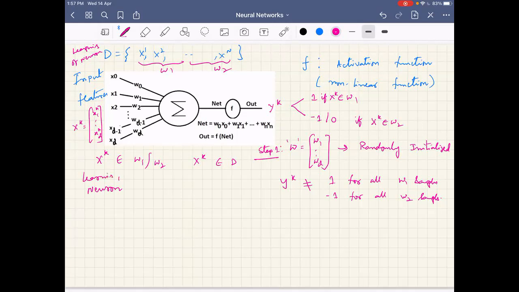Now learning of neuron is same as we discussed. This step 2 is learning of neuron. What do we mean by learning of neuron?